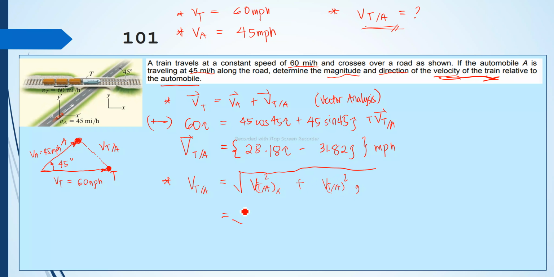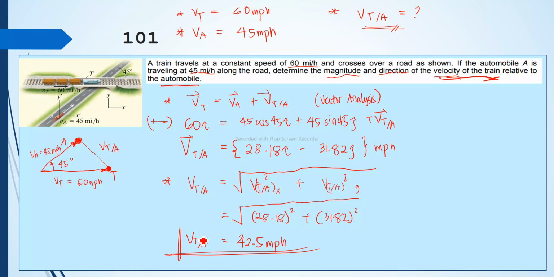So that is just the square root of 28.18 squared plus 31.82 squared. And finally, the magnitude of the velocity of the train with respect to the automobile is just equal to 42.5 miles per hour. This is the magnitude.